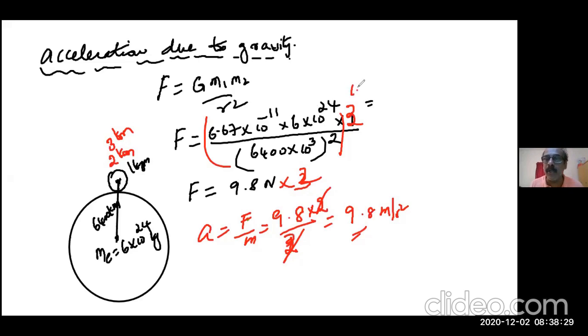Keep your 100 kilo body, then this will be 100 divided by 100. This will be 9.8. So whether it is 1 gram or 1000 gram, you keep above the surface, release it, that travels with same acceleration. That's the first thing to understand. So this is a constant, irrespective of mass. Because more the mass you keep, more the force acting. More the force acting, force by mass always remains constant.